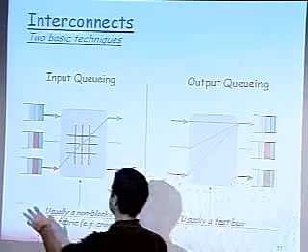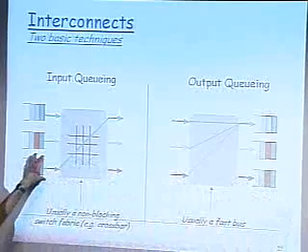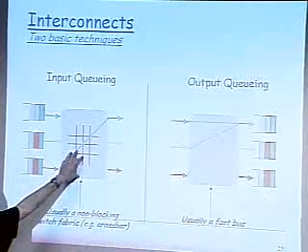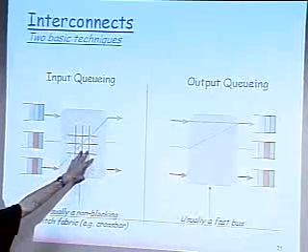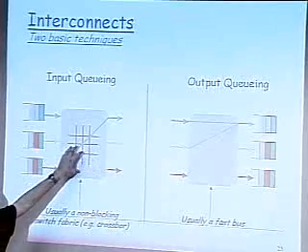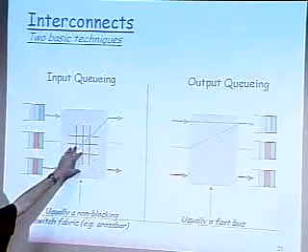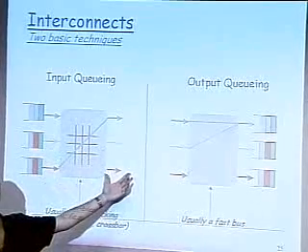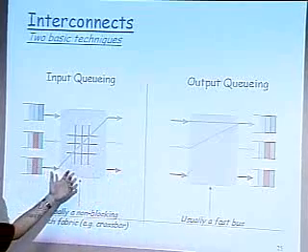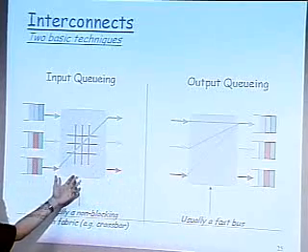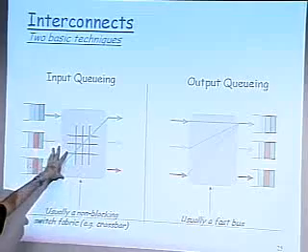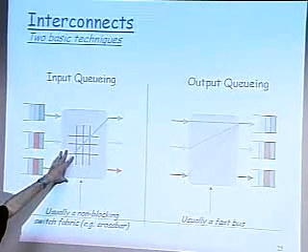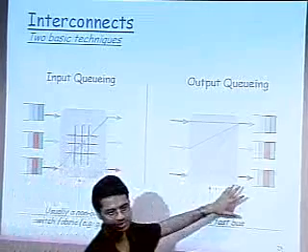The input port will write out the packet and the destination port to this memory, and the central processor will then take that packet, look at the output port, and copy it from the memory to the appropriate port. But that architecture is not used in modern routers or fast routers. They use either an interconnect non-blocking switch fabric or a fast bus.